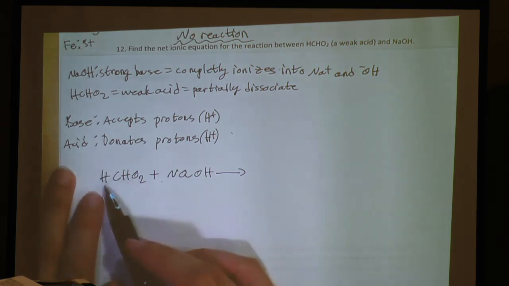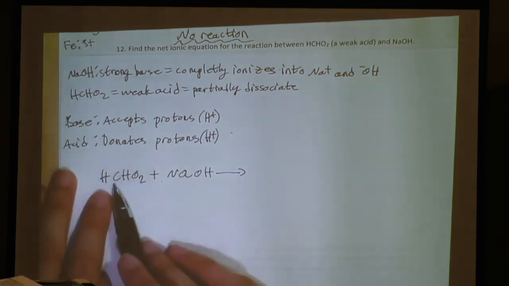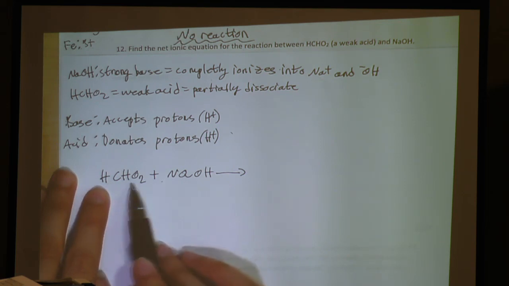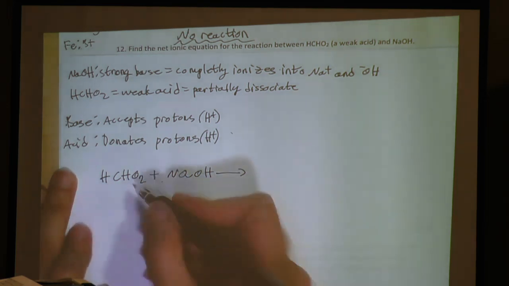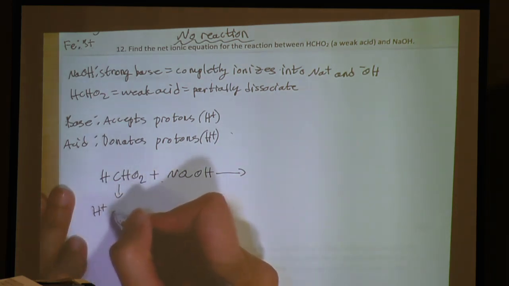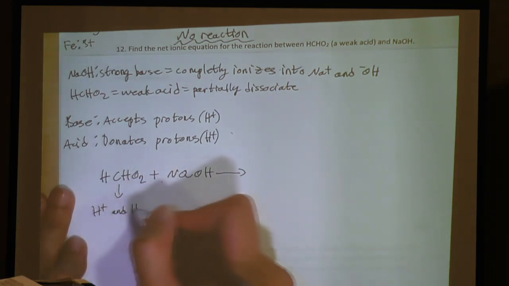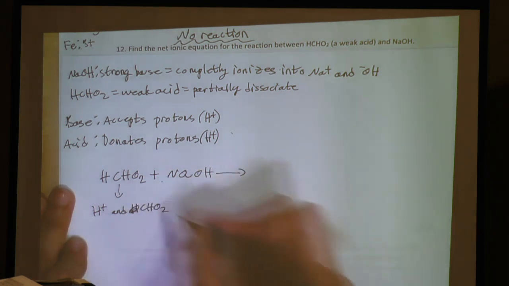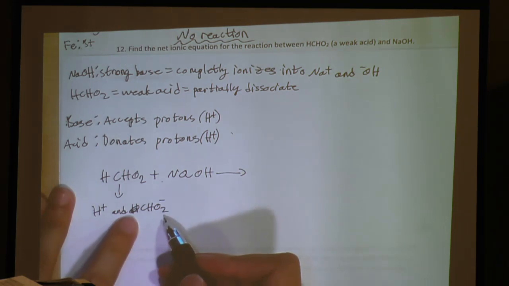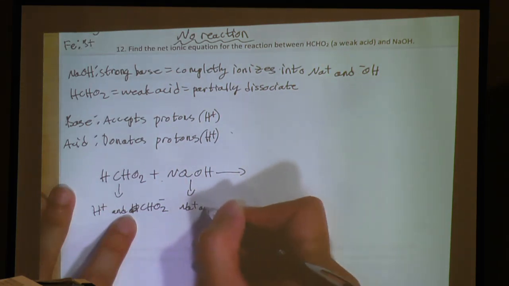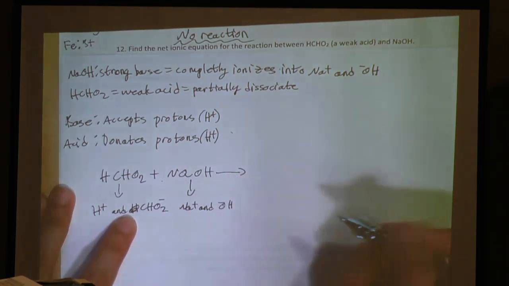Because our acid donates protons, this is going to dissociate into H plus and CHO2 negative. Does that make sense? And this, we said, is going to break up into Na plus and OH minus.